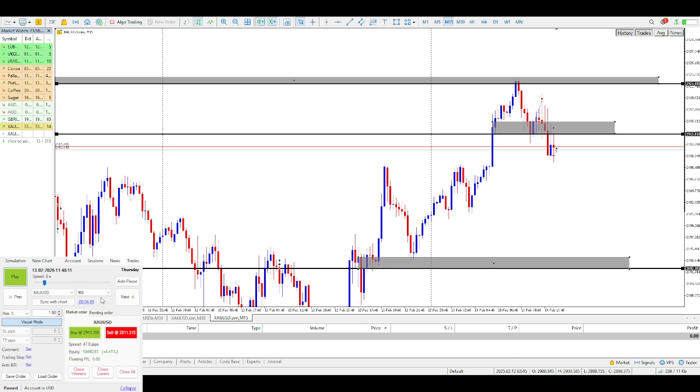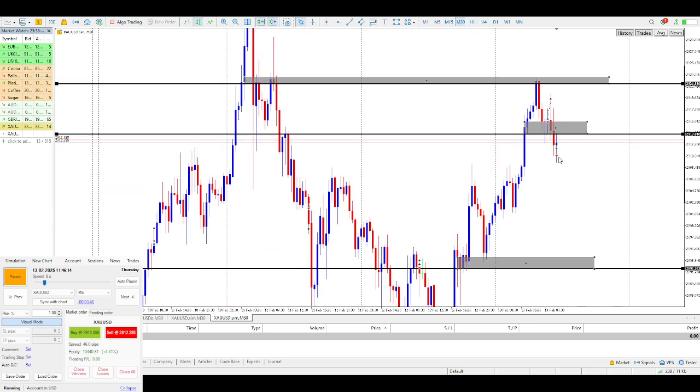You can see the two trades, the previous two trades. I took them based on the M15 time frame. This one, no proper confirmation, and this one, and you can see the results.